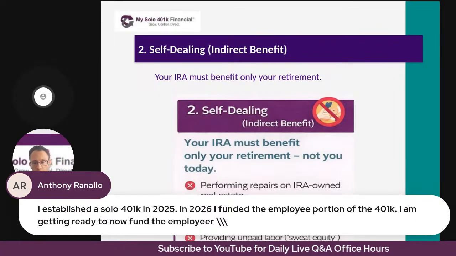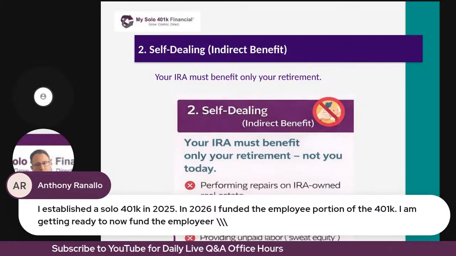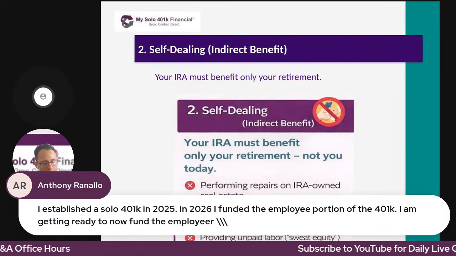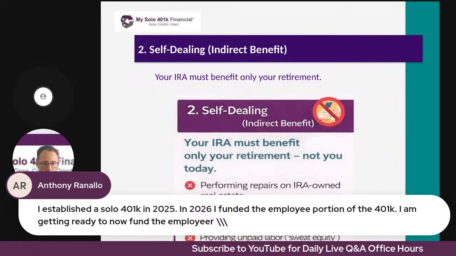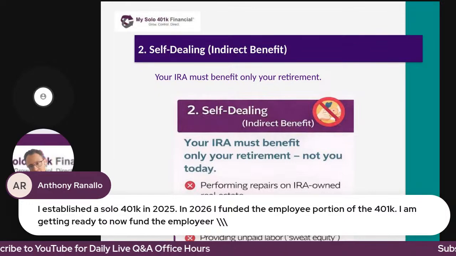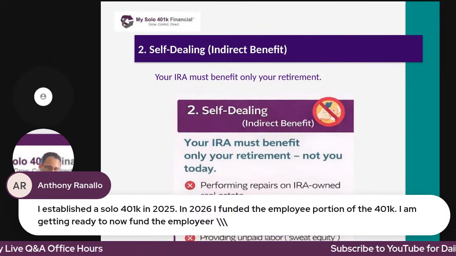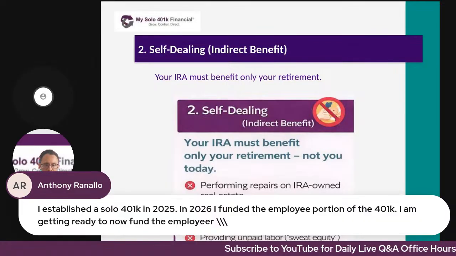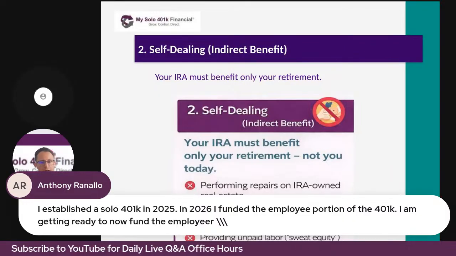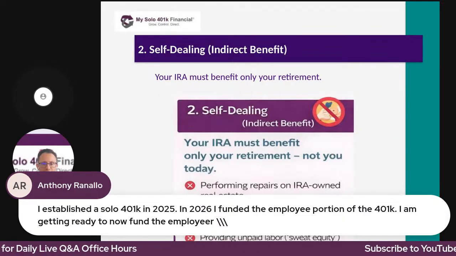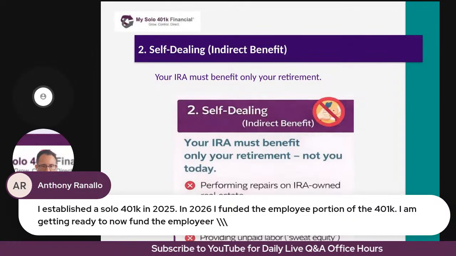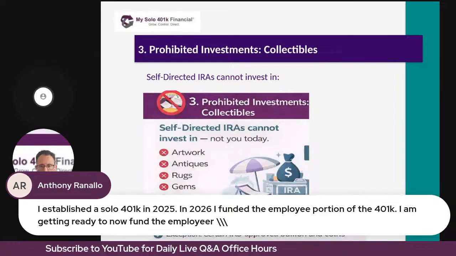Keep in mind the solo 401k regulations allow you to make all contribution types: employee pre-tax contributions, employee Roth contributions, employer pre-tax contributions, employer Roth contributions, as well as voluntary after-tax solo 401k contributions. Those can all be made in the current year for the prior year by your business tax return due date plus timely filed extension, especially if you set up the plan by December 31st of the prior year or in prior years.